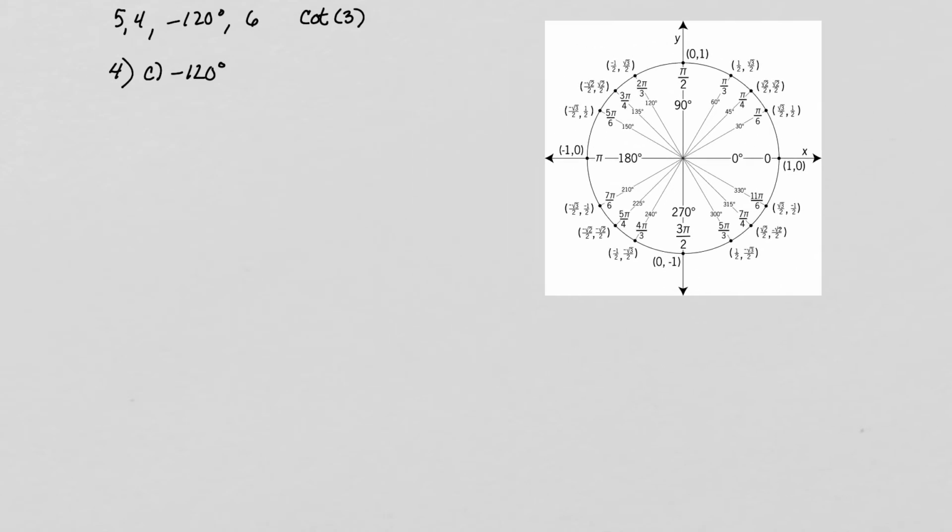Obviously, on the test, you would need to draw out the unit circle first. Okay, so, cotangent, 1f, cotangent of x. Yeah, I can do that in a second. So this is 1f.